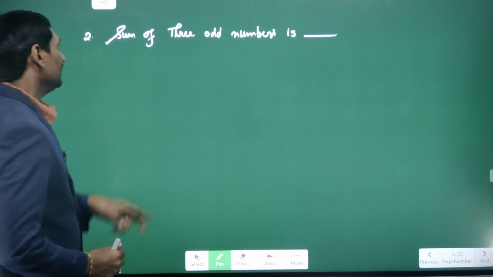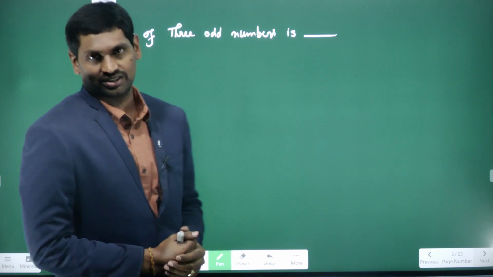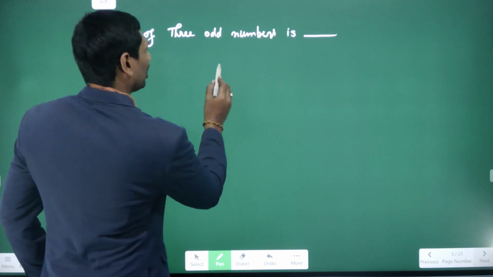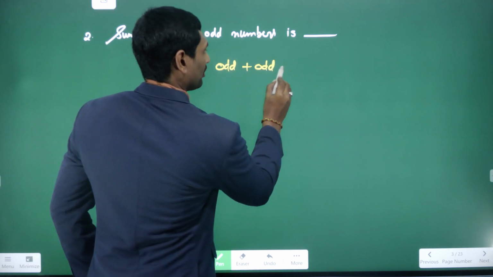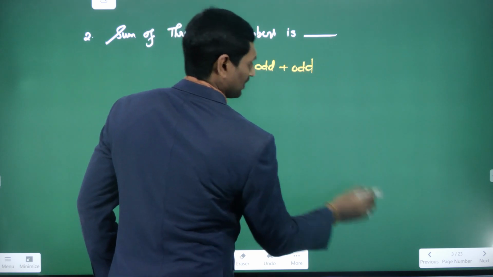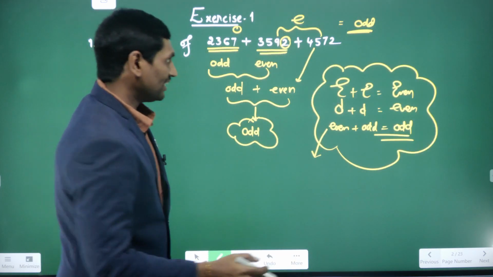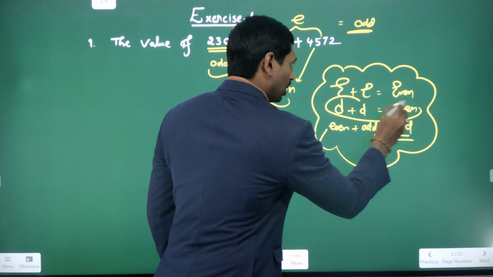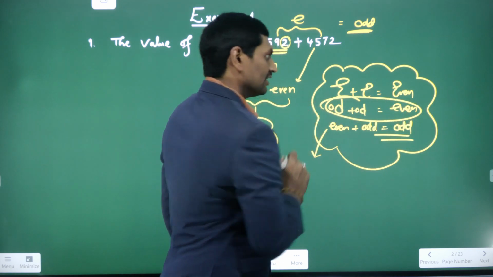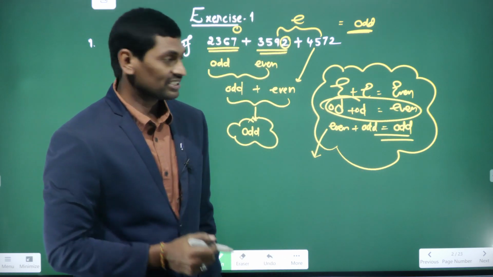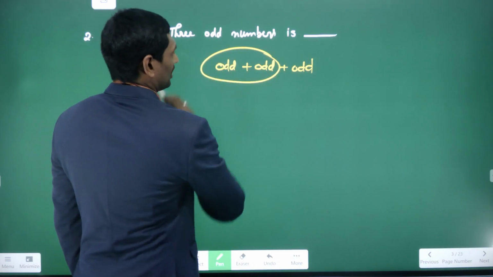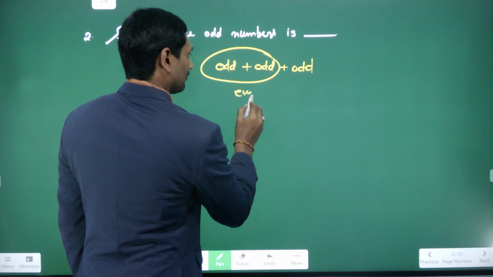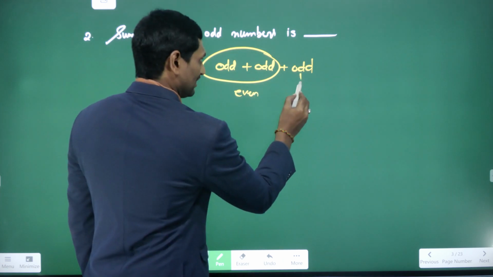Let us see the sum of three odd numbers, that means odd number plus odd number plus odd number. As we discussed, the sum of any two odd numbers is even. In the same way, these two numbers will give even, and this one is odd.